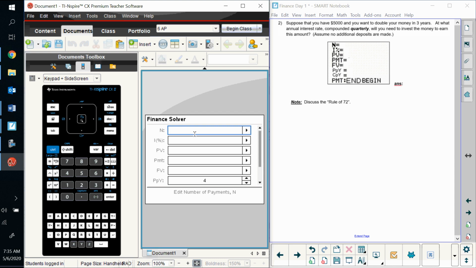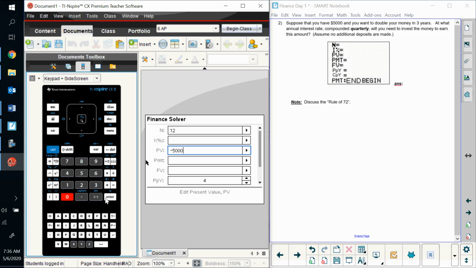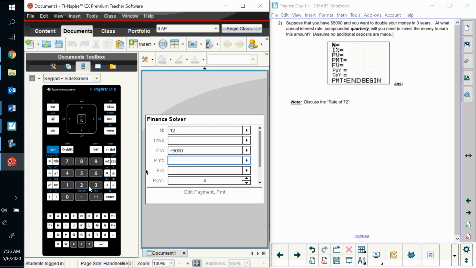So we want to double our money in 3 years. So we would do 3 times 4 to get the number of compounds. We want to find the percentage, so we're going to leave that for now. We're investing $5,000, so 5,000 is leaving our wallet, so we'll put negative 5,000 there.